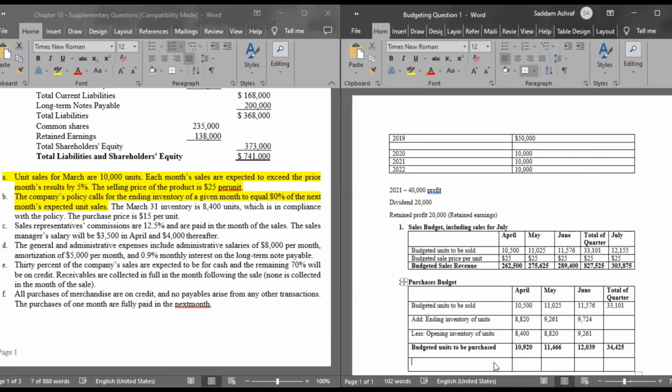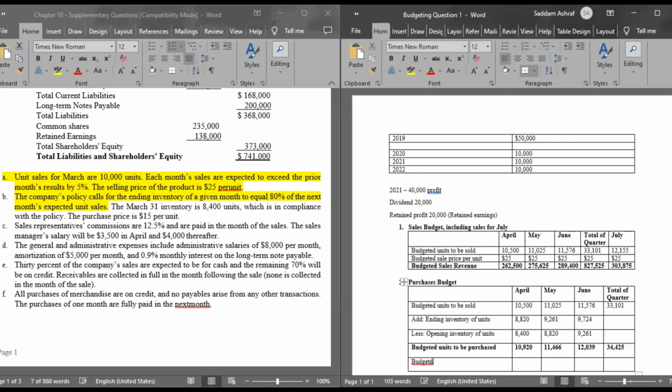At the end of point B, he is saying the purchase price is $15 per unit. We have calculated how many units we need to purchase, but now we will calculate the total amount of purchases. To reach the total amount of purchases, we multiply units purchased by the per unit purchase price.